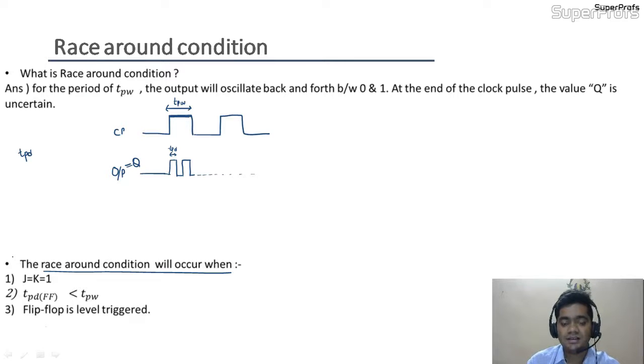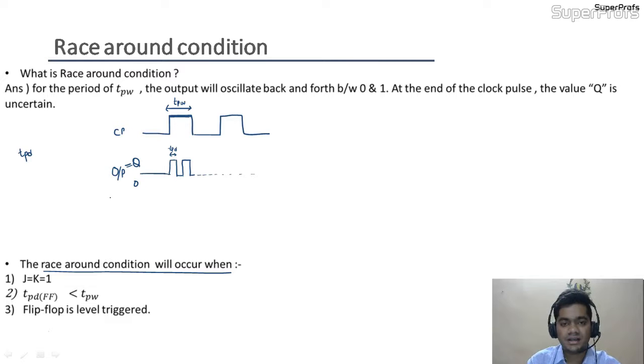It means that suppose initially here in this diagram we can see that the output is at logic 0. So when the clock pulse is level triggered at logic 1, it would change into logic 1, or it would toggle from 0 to 1.